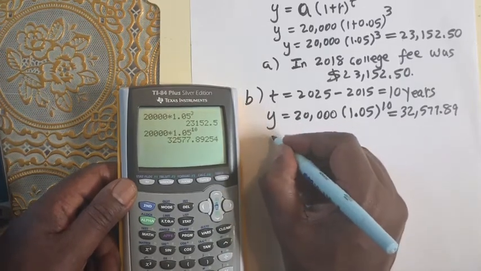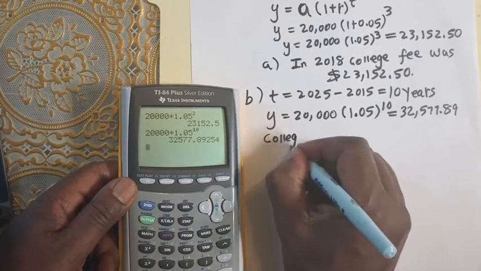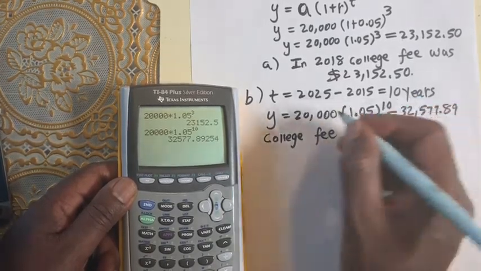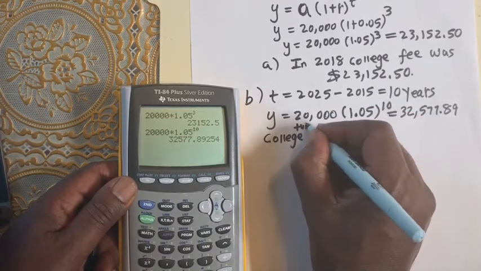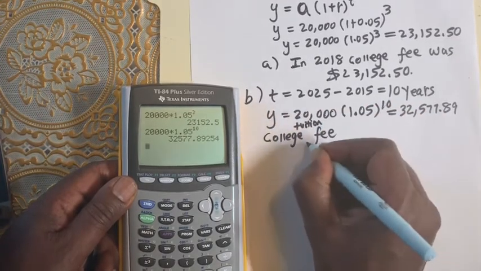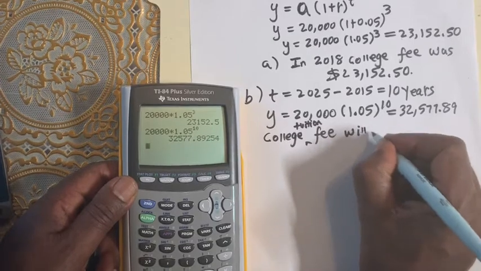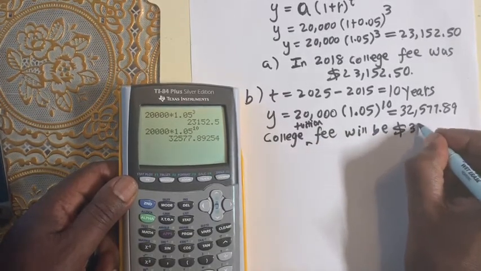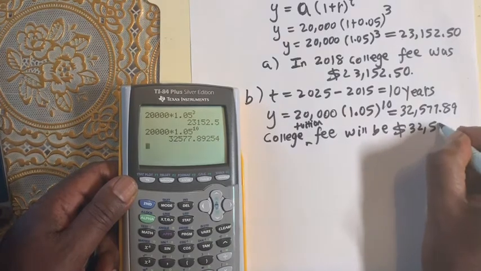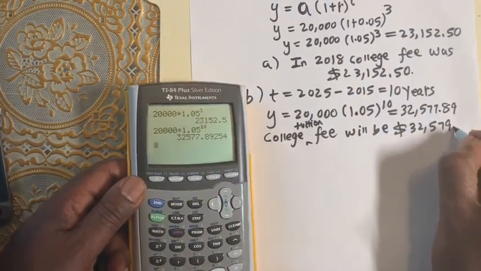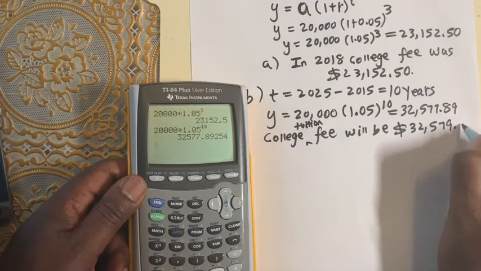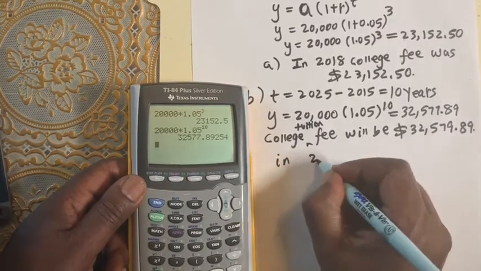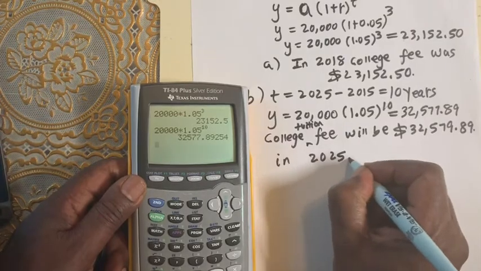For the answer for this, college tuition fee will be 32,577.89 in the year 2025.